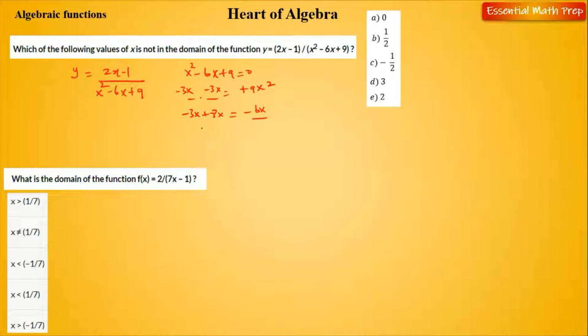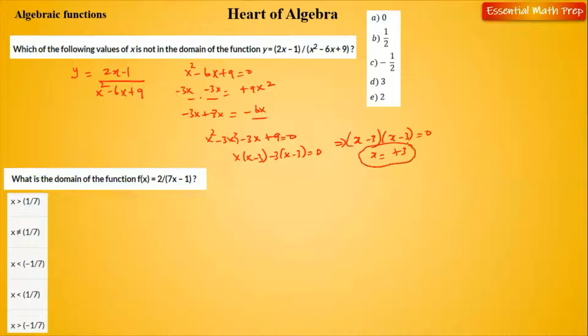So x squared minus 6x plus 9 equals 0 factors into x minus 3 times x minus 3 equals 0, which implies x equals plus 3.